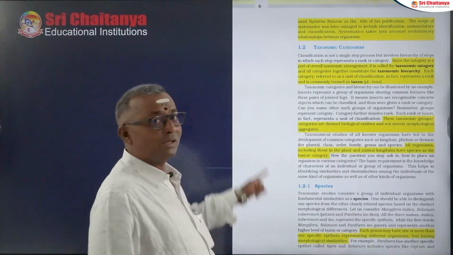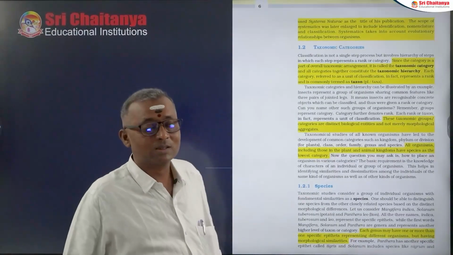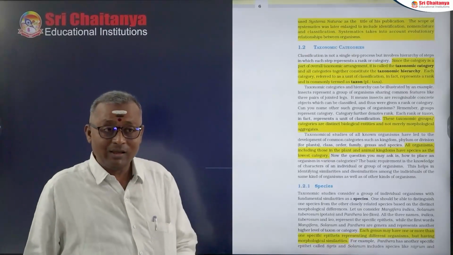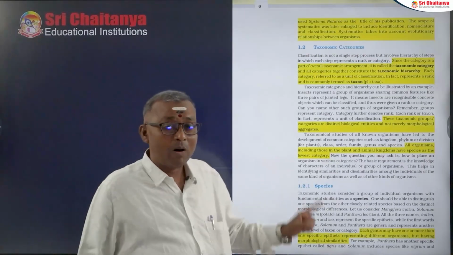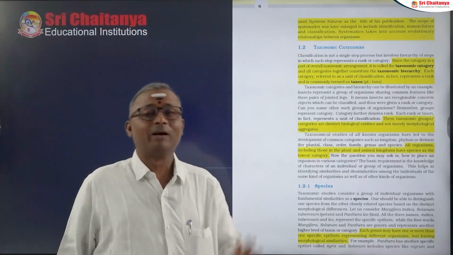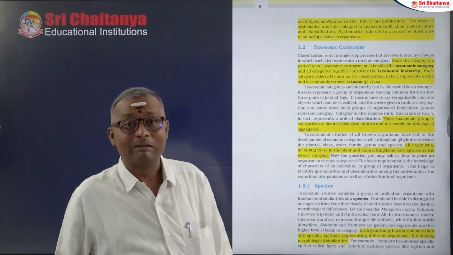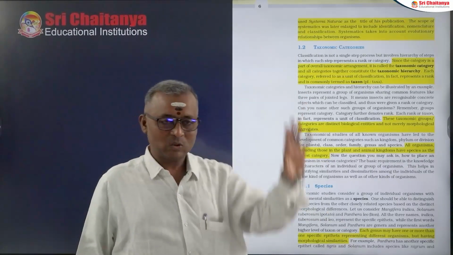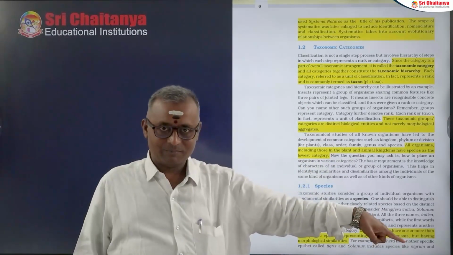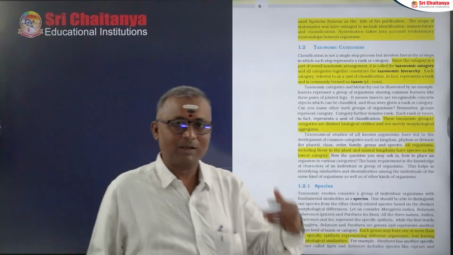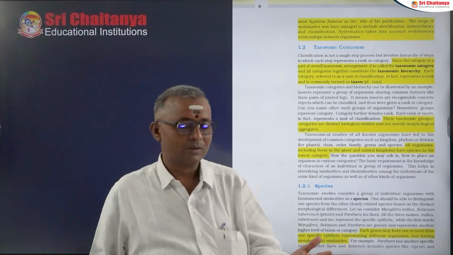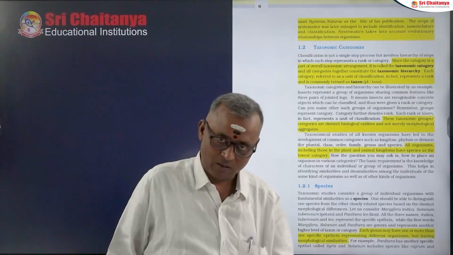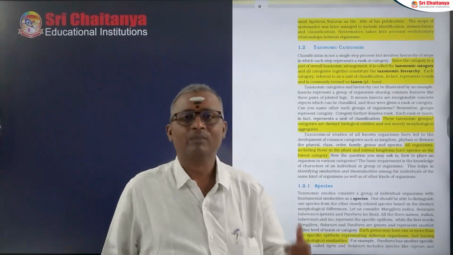Similarly, even in plants and animals we have different categories. Since this category is a part of the overall taxonomic hierarchy, it is called a taxonomic category. For example, species, genus, family, order, class.